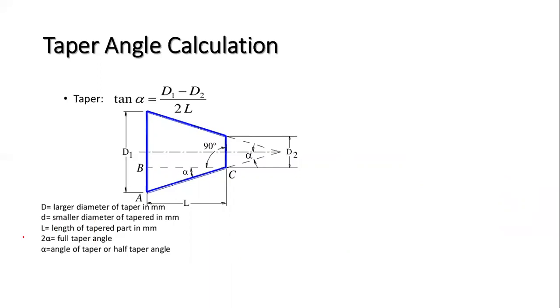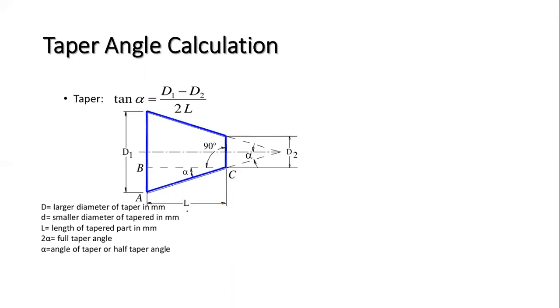This is our initial dia D1 and this is our final dia D2. Taper angle is alpha. If we extend these two lines, they will meet here, and this is also alpha, and this angle is 90, and the total taper length we can consider as L.